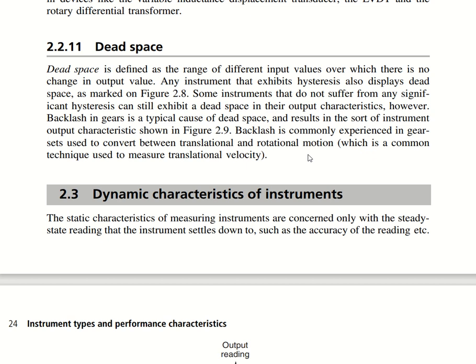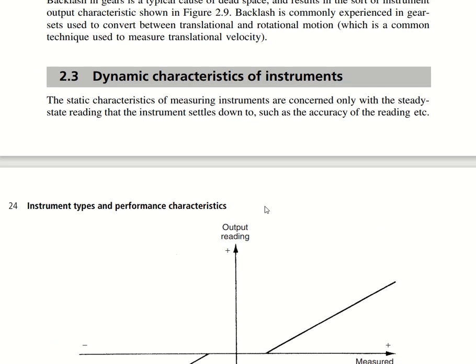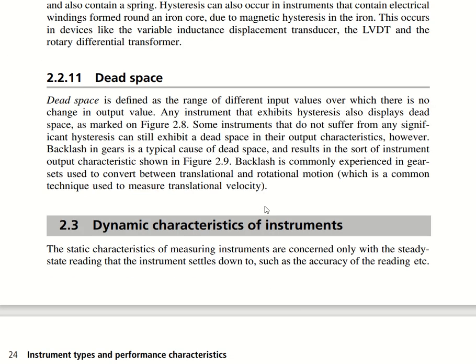Backlash in gears is a typical cause of dead space, and it results in the sort of instrument output characteristics visible in this figure. So this is dead space. It doesn't work in this region, so that region is known as dead space.